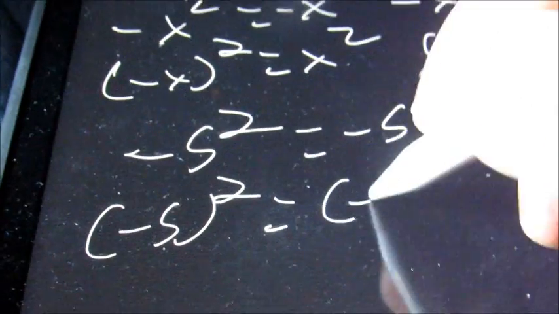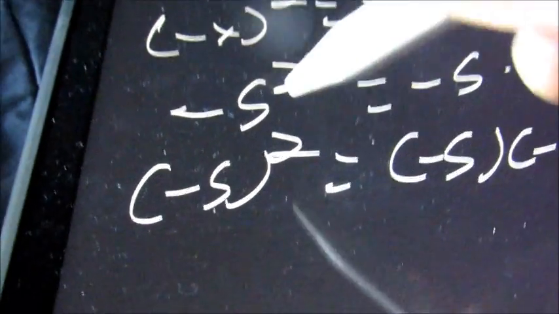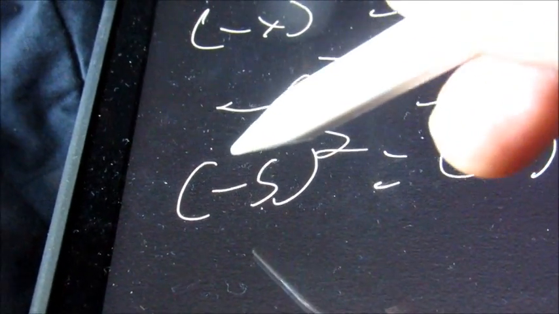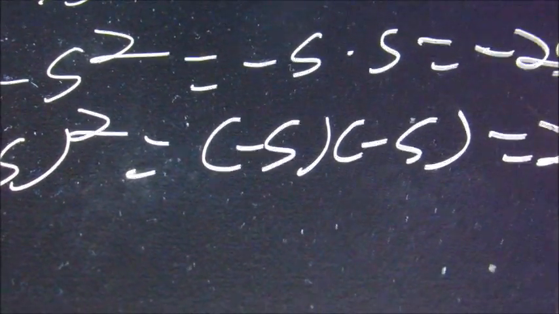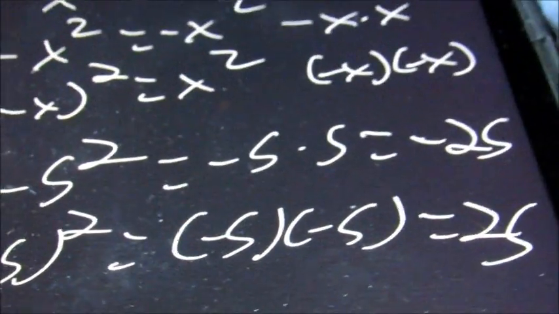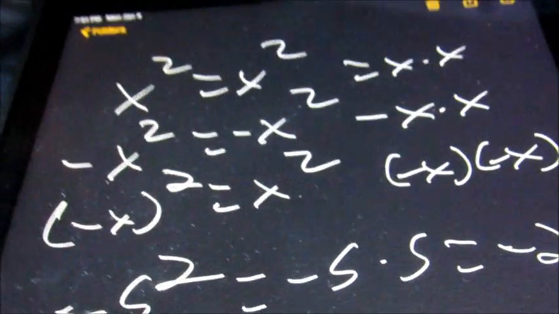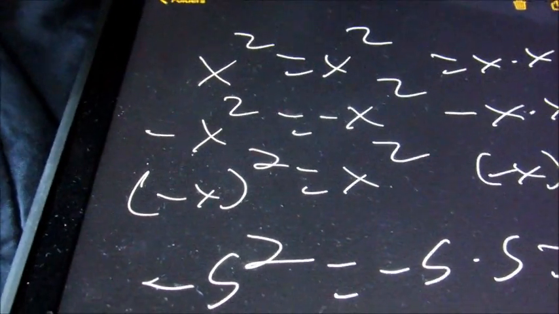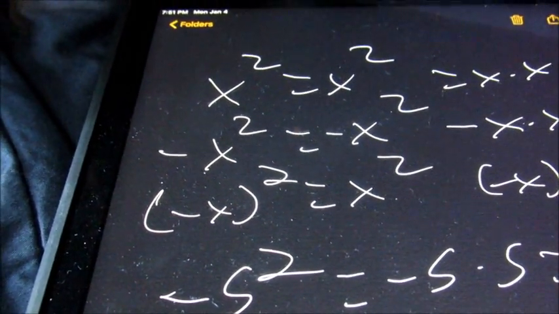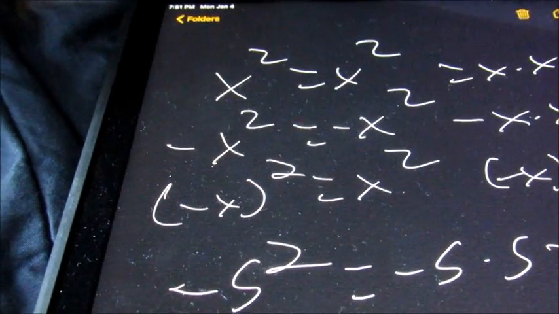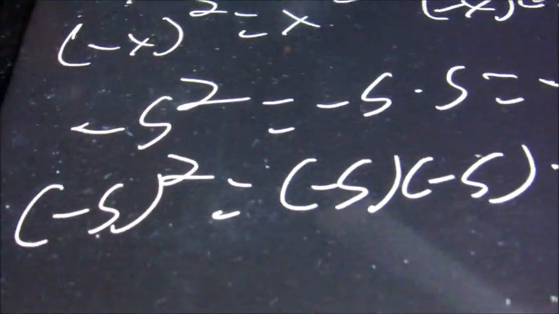But if we had negative 5, the whole thing squared, that's negative 5 times negative 5, because this 2 affects the negative and the 5. So negative times negative is positive, and it's 25. We did ones like these in the previous section, but this is just showing you what the difference is by using whether you have one negative sign or two negative signs and where they go.